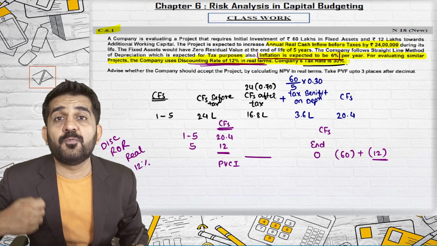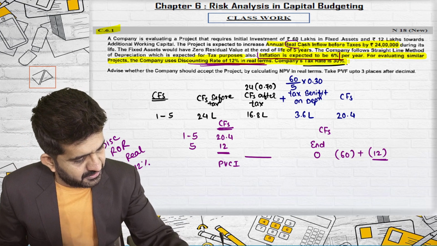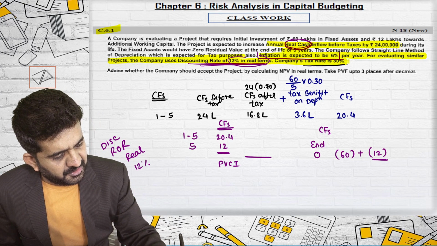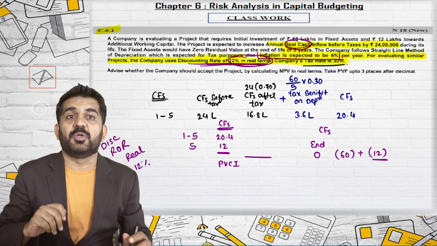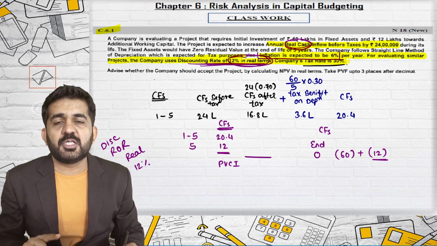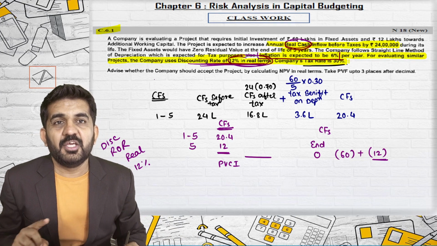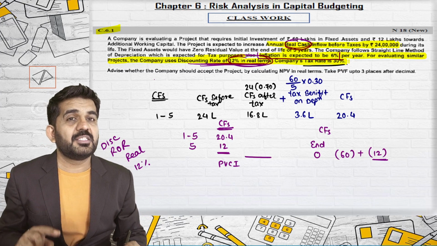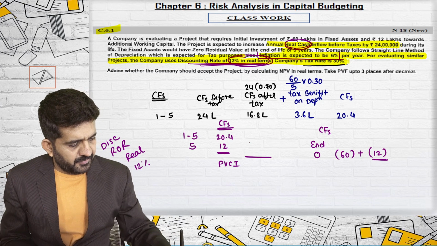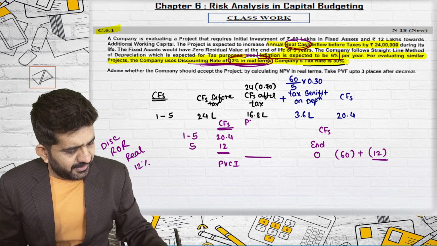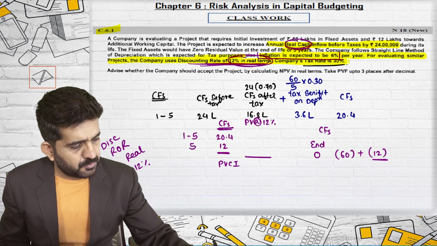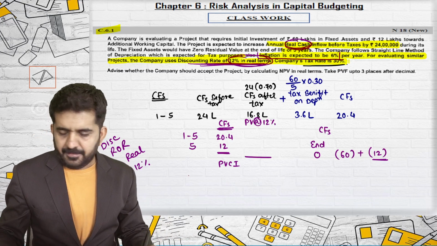Are these cash flows real cash flows? Yes. Then real cash flow can be discounted with the real rate of return. I'll explain real and nominal rate of return. But if the cash flows are real, the discount rate used should be real. If the cash flows are nominal, the discount rate used should be nominal. Try to concentrate. Now I am finding present value at the rate of 12% because 12% is the real discount rate and my cash flows are also real cash flows.